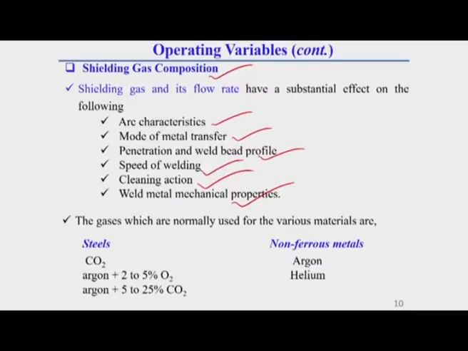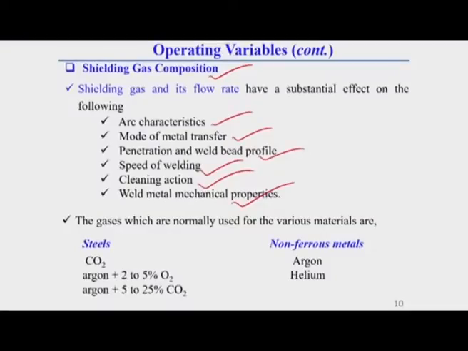Overall quality of welding means it affects the characteristics of the arc, as I have already discussed. It affects the mode of metal transfer, whether it is globular or spray, which I have also explained. It also affects cleaning action; argon is preferable for cleaning action than helium gas. What gases are generally used in this welding process?